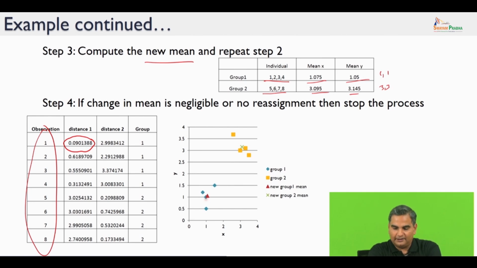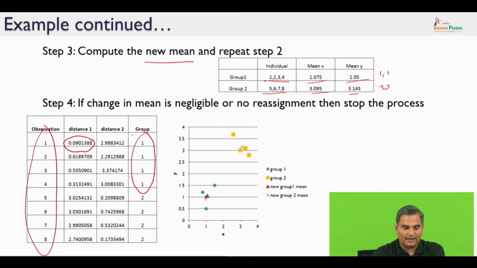Now that the representative point has become 1.075 and 1.05, this distance is no more 0, but it is still a small number. So, for each of these data points with these new means, you calculate these distances, and again use the same logic to see whether distance 1 is smaller or distance 2 is smaller, and depending on that you assign these groups.